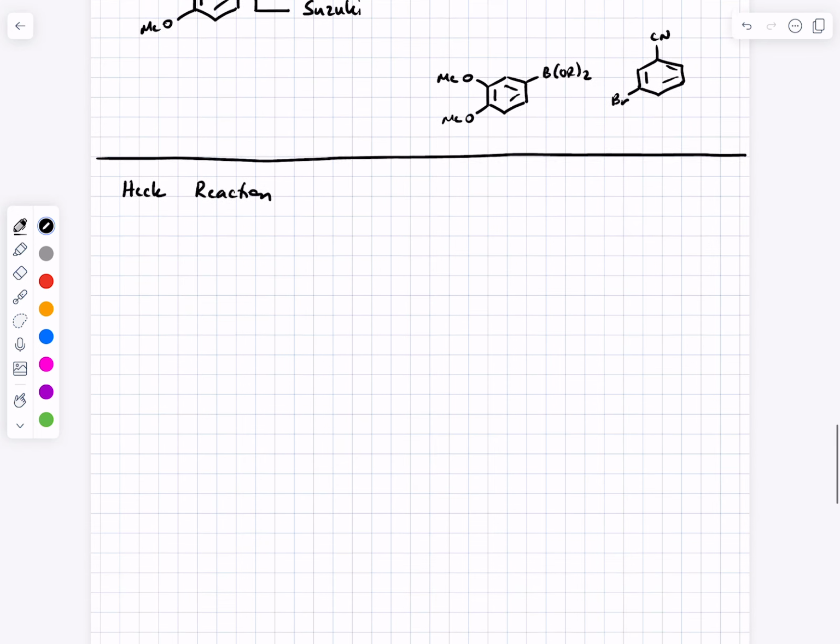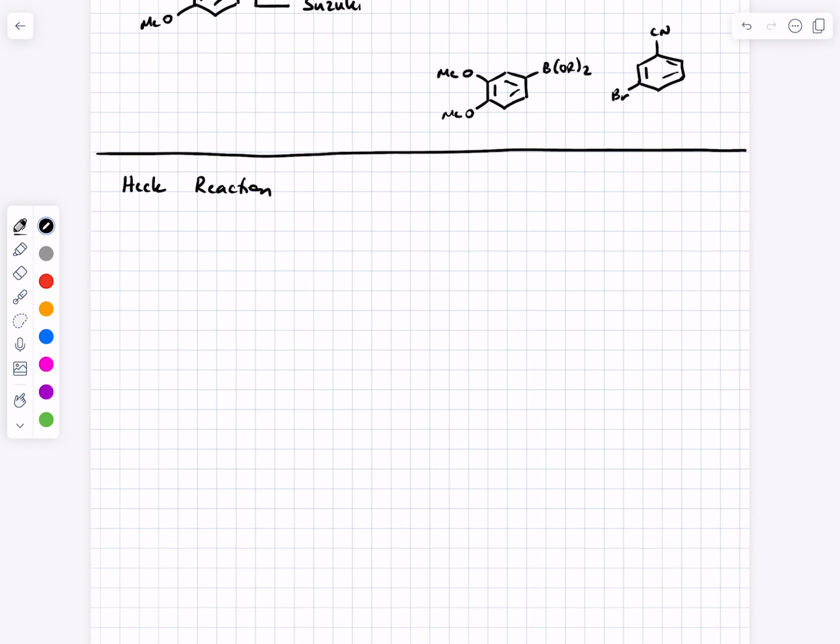So, as before, I'll give you a specific example of the Heck reaction, and then we'll talk substrate scope. Like the Suzuki reaction, the Heck reaction involves some kind of sp2 hybridized carbon halide bond. So the halide can either be aryl or vinyl.